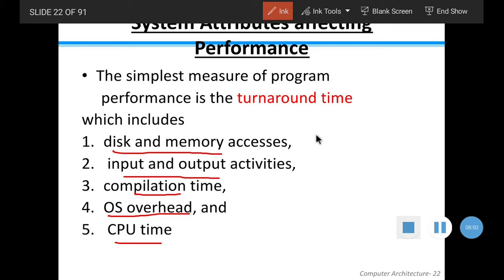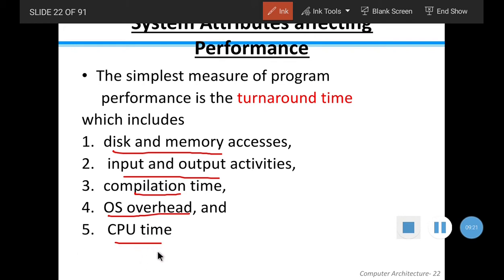Suppose you want to execute a program and measure its performance, and you have to find the turnaround time. Turnaround time is disk and memory accesses, input and output device activities, and compilation time, meaning how much time it takes to compile, and OS overhead, meaning other OS activities which are affecting your program, and CPU time, how much time is taken by the CPU.